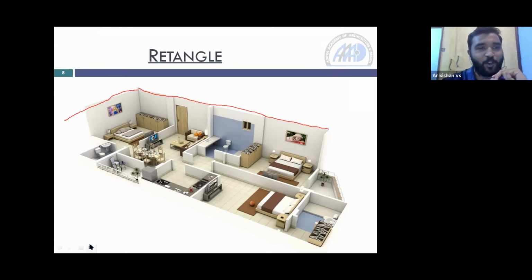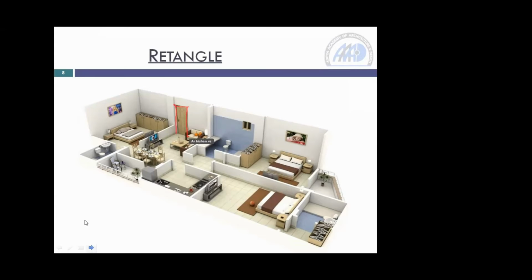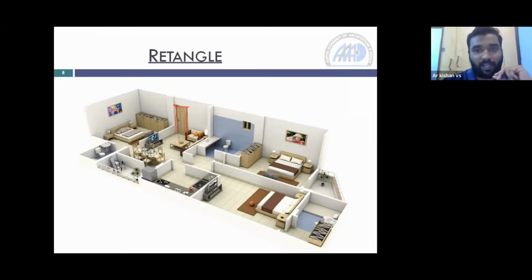This is why I'm relating all these basic shapes to housing, plans, or elevations, because this is where we see these shapes used. It's not only about housing. We can see the door here, which is in the rectangular format. You see that? This is how we can imagine where it has been represented. So, next one.